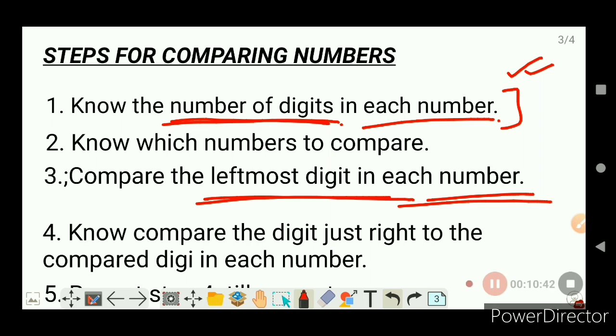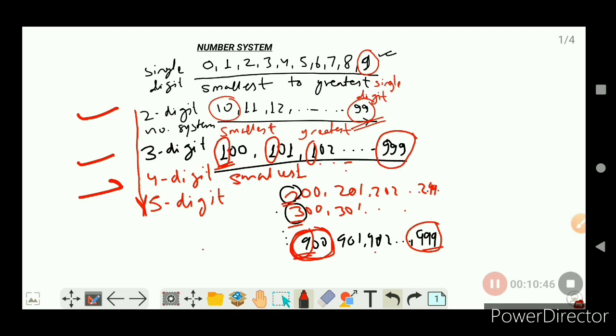Now why do we compare the leftmost digit? We have just seen in the previous slide that in the 3-digit number system it is increasing from 100, 101, 102, and it goes on, then goes with 200 and 201 and so on, then 301, then 401, and like that it comes to 901. So the leftmost digit is changing.